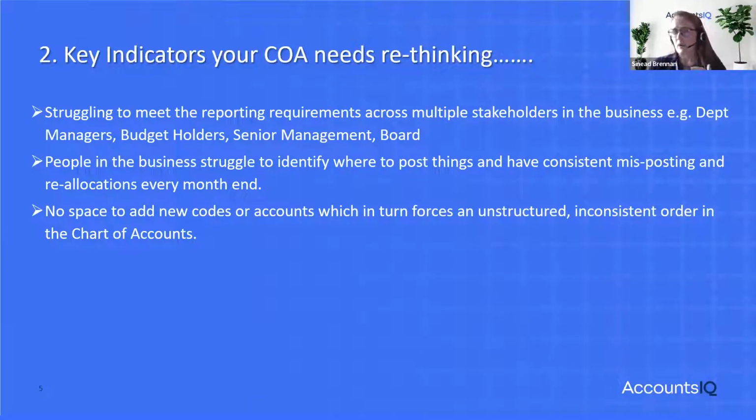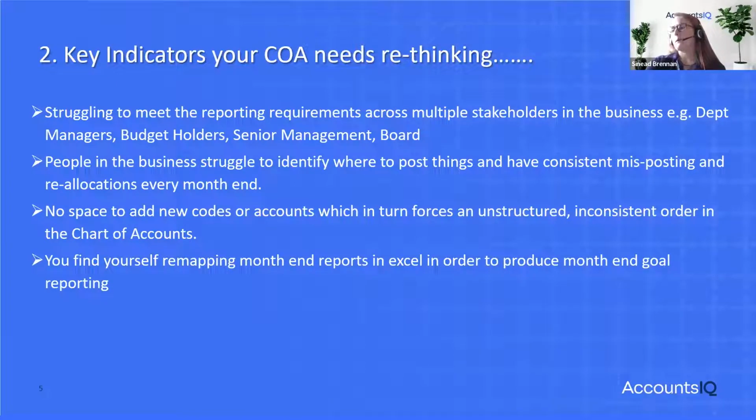That leaves, I suppose, low room for error. And that whole scalability piece, that whole growth piece, it's very hard to have this huge monster chart of accounts and leave room for growth and scaling. We'll be looking later at some of the features that AIQ has, that you build into your BI, and it's less heaviness on the chart of accounts.